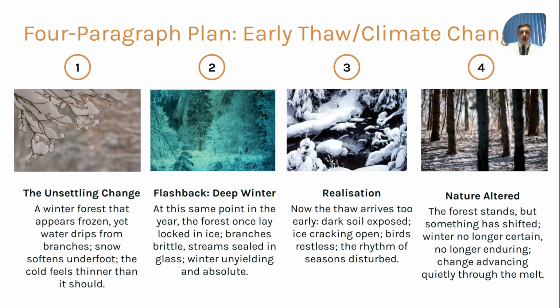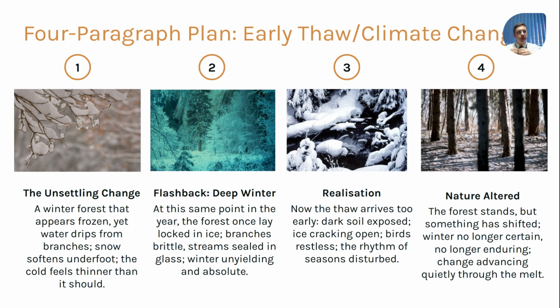The other option that you could go with is this, because we've done quite a bit of descriptive writing that maybe touches on aspects of climate change in the way that we're impacting the natural world. Here's another idea that might be an interesting interpretation. Yes, we've got an image of a snowy forest, but what if we talked about how that forest is prematurely thawing?